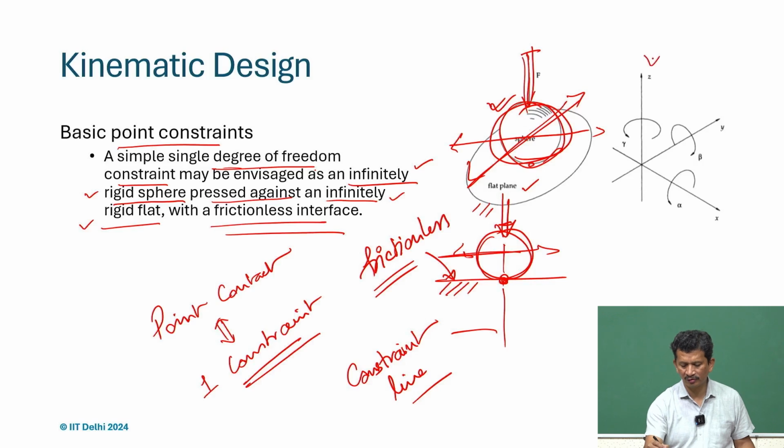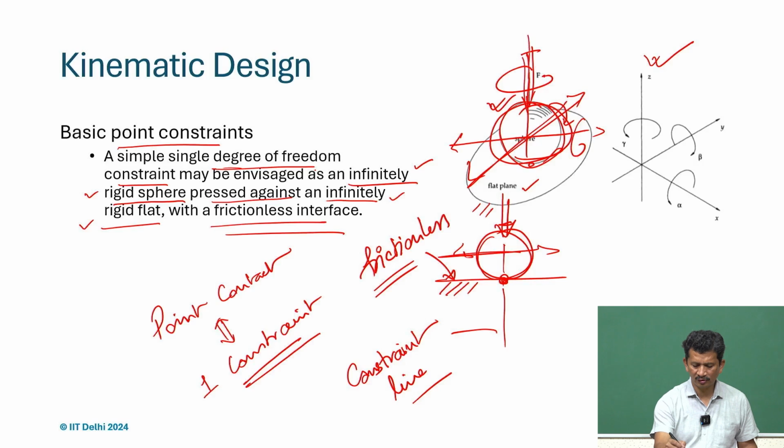So, it cannot have this translation, but all the rotations are also possible. It can rotate, except this motion is not possible. So, it is a constraint along the z axis, or in general what we can say, perpendicular to the plane, and we also talk about the nesting force. So, if there is enough nesting force, it will not lose the contact and it can slide or rotate or translate freely on the surface, making that contact C.